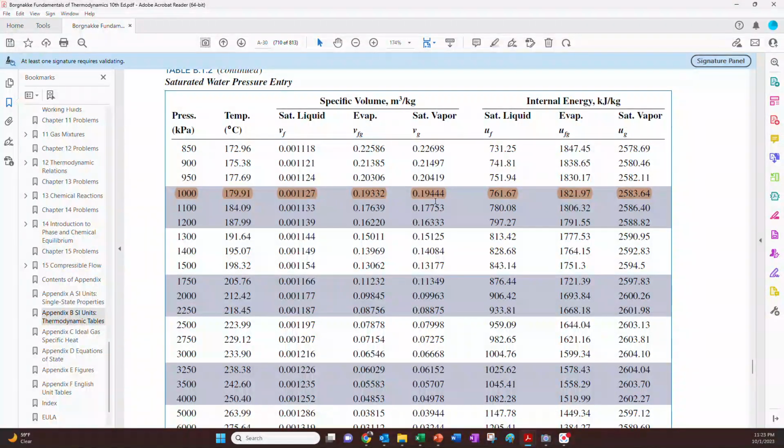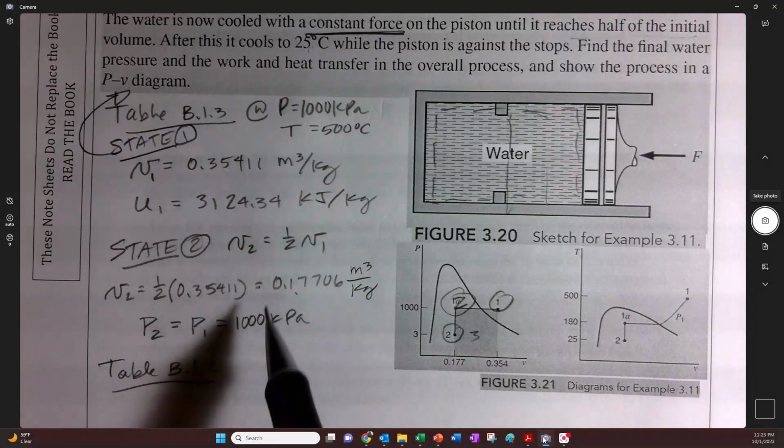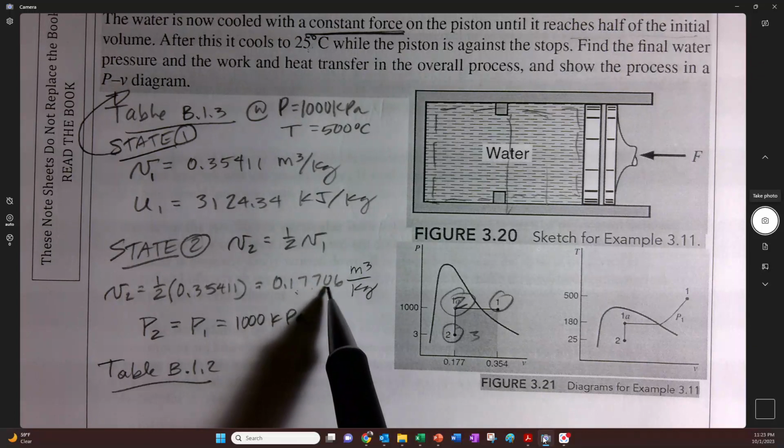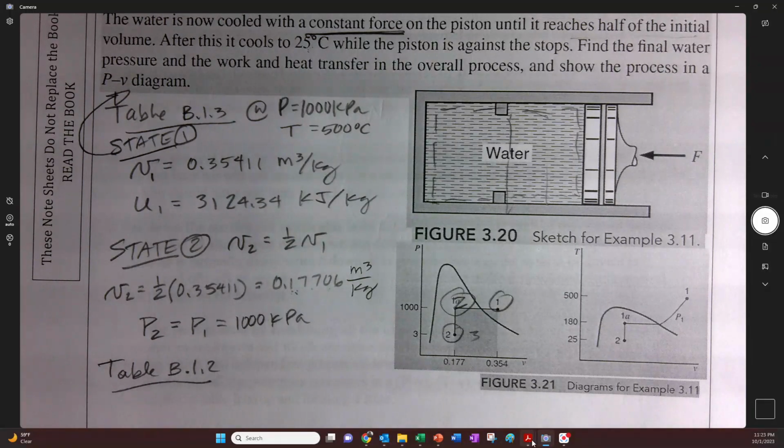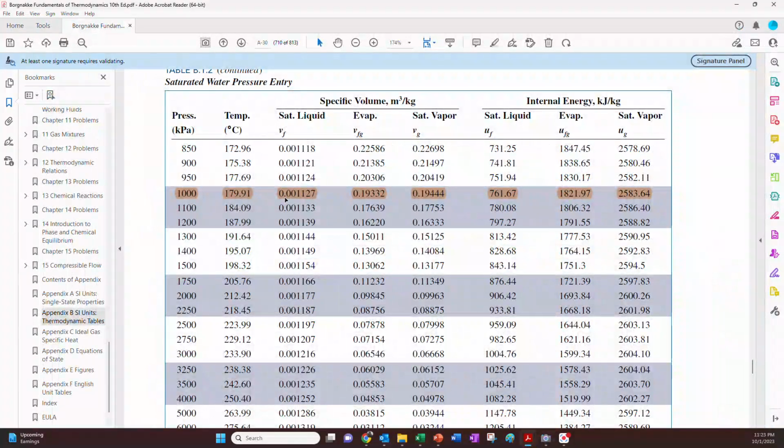Take a look here, and you can see, yes, here's the gas. That's 0.19. We are at 0.177. So we're in between this liquid and this gas. So we can find out what the quality is right now.